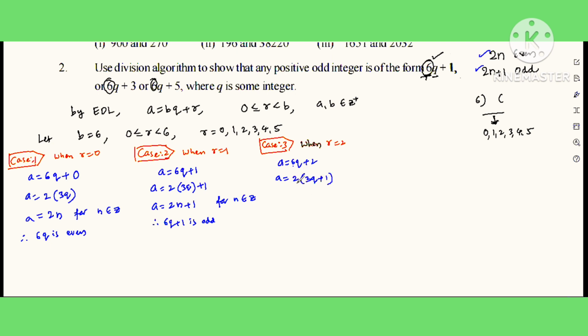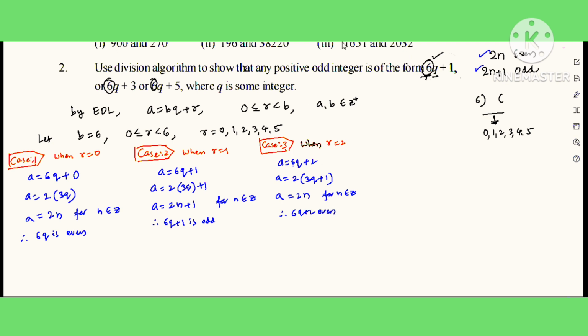I think you understood: 2 threes are 6 and 2 ones are 2. So I have taken 2 common from both terms. This is again some integer, so a equals 2 into n, where n belongs to Z. Now this is which form? Even form. So 6q plus 2 is even.